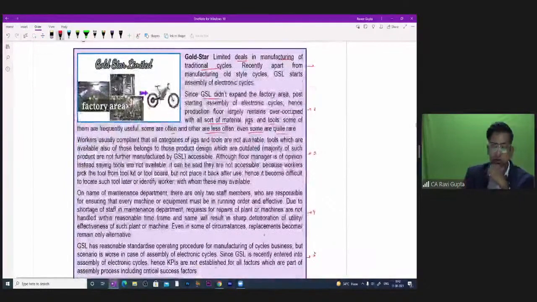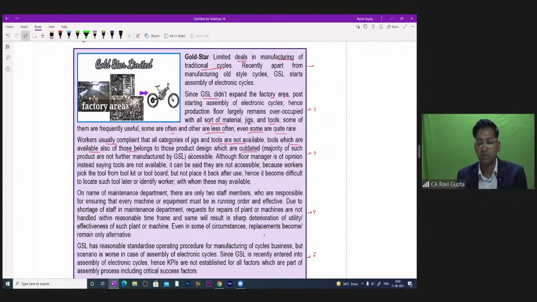Second paragraph. Workers usually complain that all the categories of jigs and tools are not available. Tools which are available also belong to those product designs which are outdated. Majority of such products are not further manufactured by GSL. Although the floor manager is of the opinion that, instead of saying tools are not available, it can be said that they are not accessible.